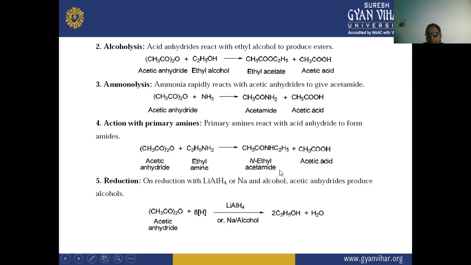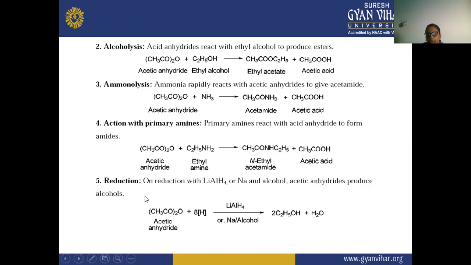So the N-ethyl acetamide is formed from this acetic anhydride plus ethylamine, and acetic acid is also formed there. The acetic acid is the parent carboxylic acid. From this the acetic anhydride is formed, and from the acetic anhydride, acetic acid plus the acetamide is formed.